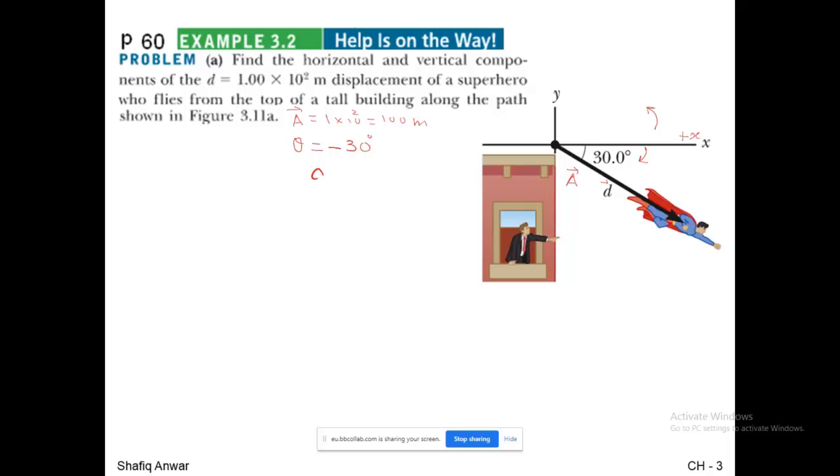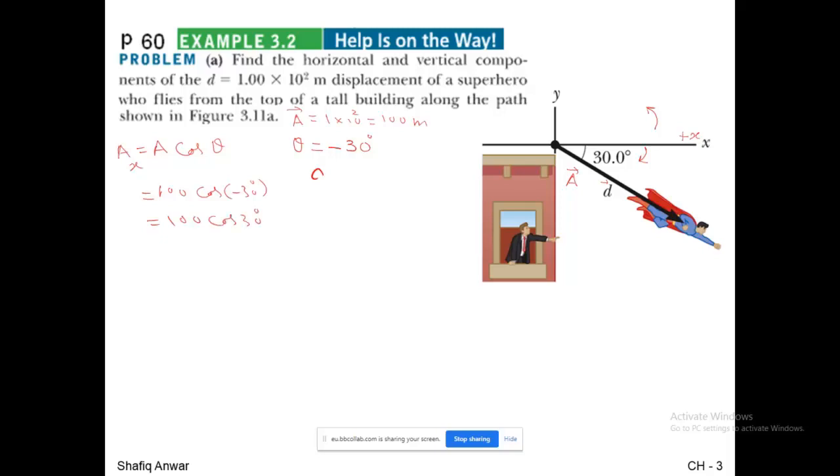Now we are going to use the x and y component. First of all, the x component is equal to A cosine theta, right? A cosine of minus 30 is equal to... Why minus theta?